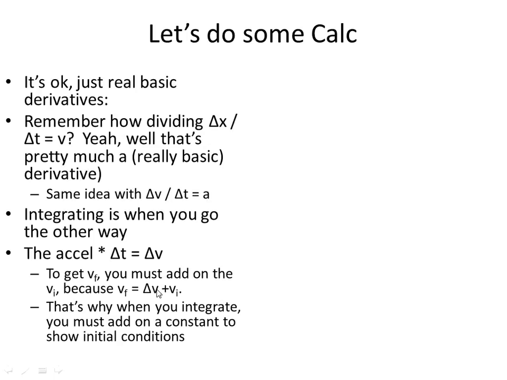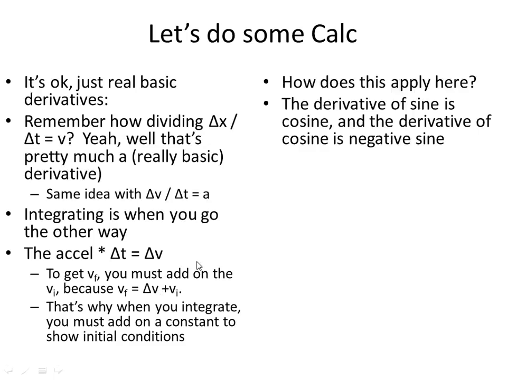So you say, great, why are you telling us this? Why are you trying to confuse my mind? I'm just trying to get you to see how sine and cosine are related to each other in terms of derivatives. If we start off with a sine curve, and we already saw this with the position time graph to velocity time graph, we take the derivative of that, in other words, we do the slope, it becomes cosine.